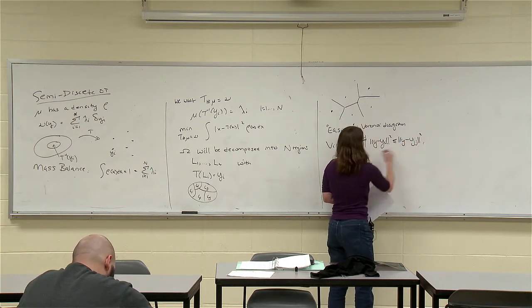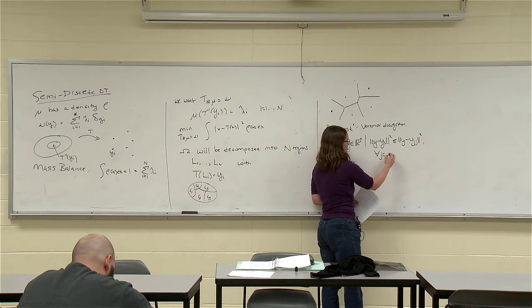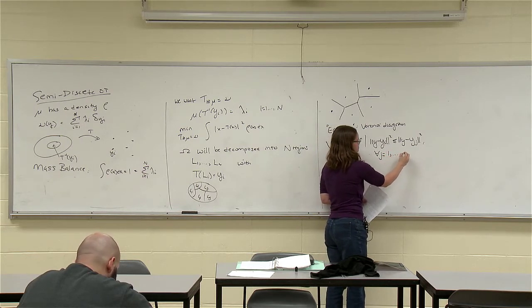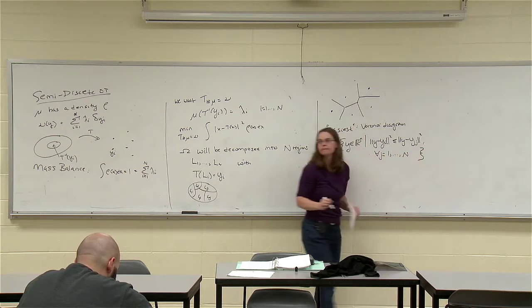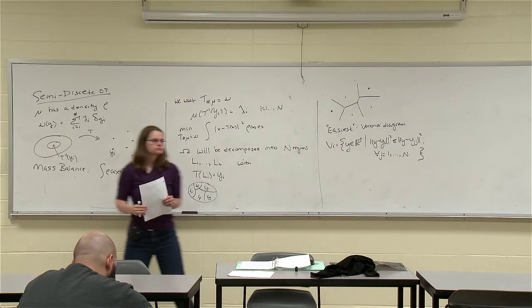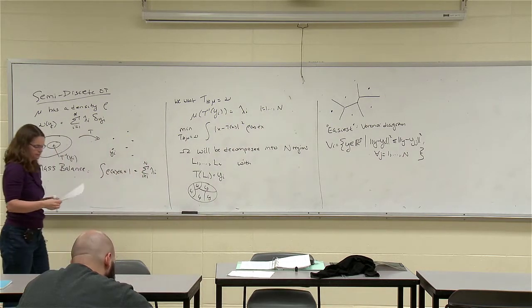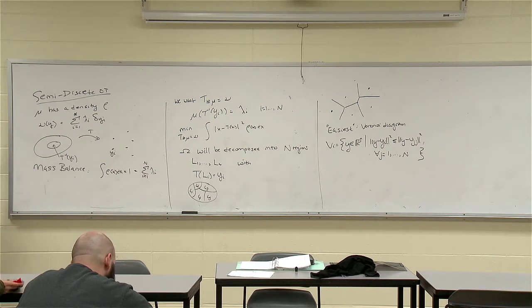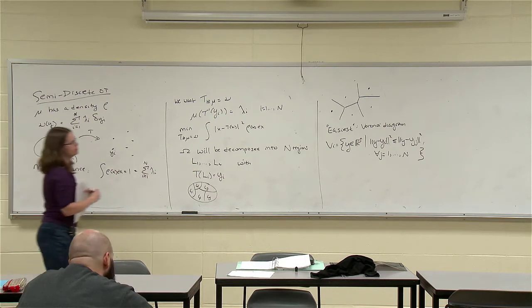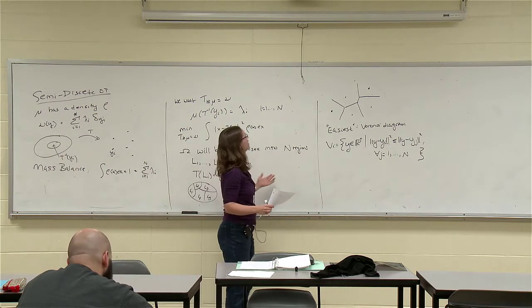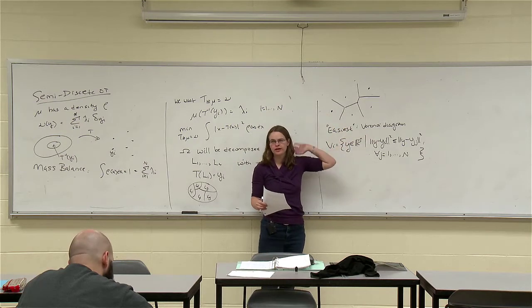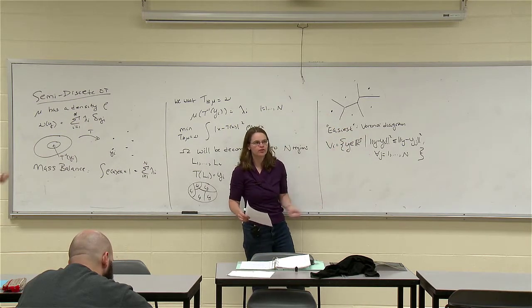Okay, and this is for all values of j. So if you give me a set of points, these y's, I can certainly write down a Voronoi diagram, and there's fast algorithms for computing it.